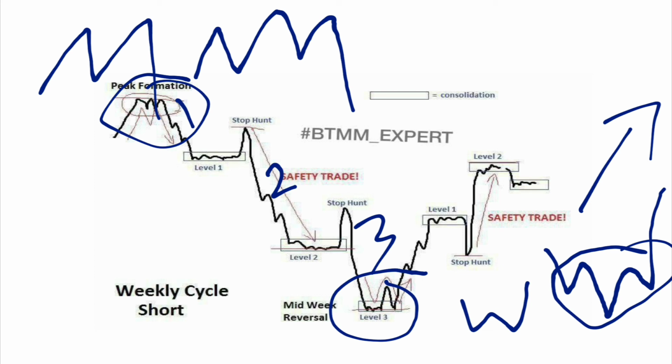So we've got a peak, level 1, level 2, level 3, peak, level 1, level 2, and then after a retrace we go up. This is how you can predict the markets.